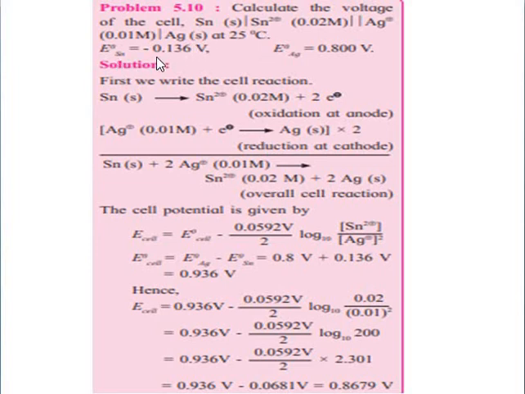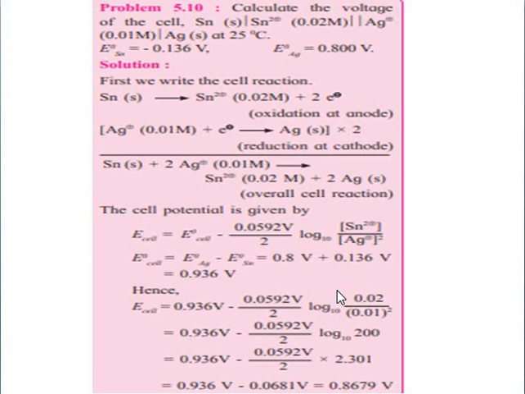E0 Sn equals minus 0.136 volt and E0 Ag equals 0.0800 volt. Take this numerical for homework. We can explain this numerical again in the next lecture.